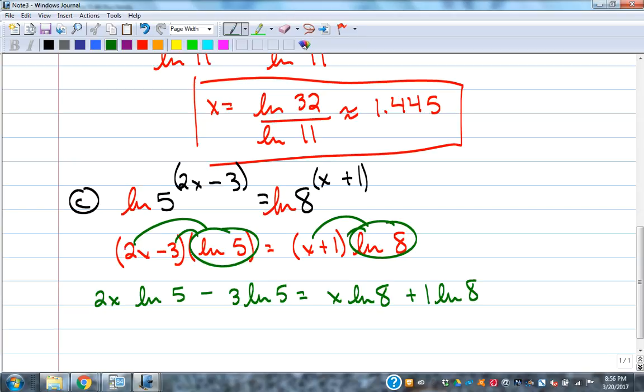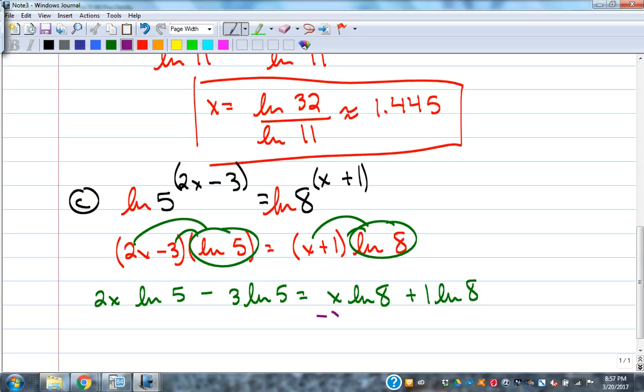Like terms. What are we trying to solve for? The 2x and the x are the things that need to come together, right? And the things that don't have an x need to come together. We want to separate them by the equal sign.